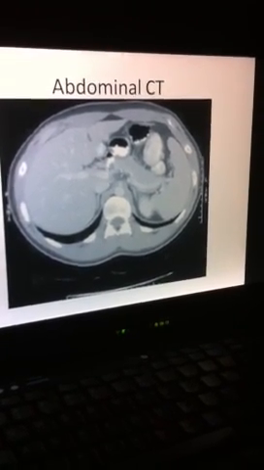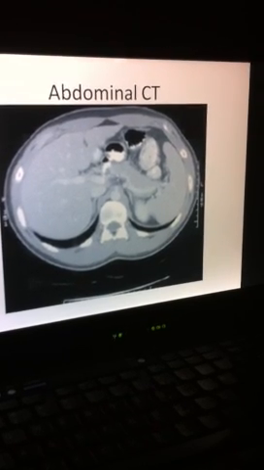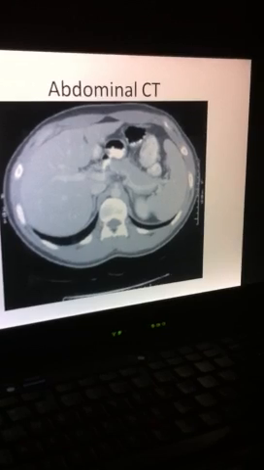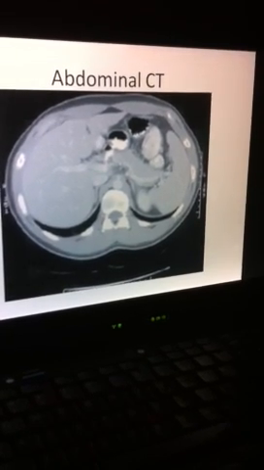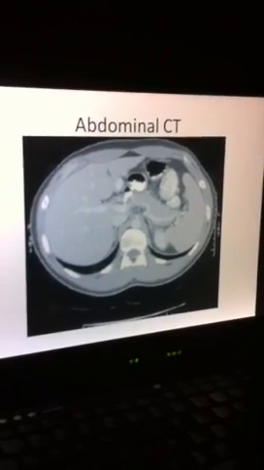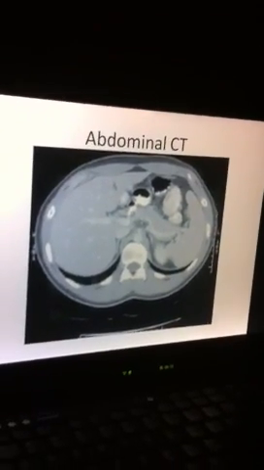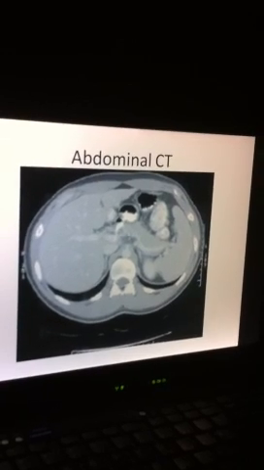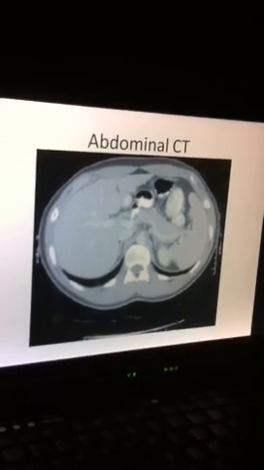It's next to the spleen and the pancreas. Stomach? Nope, we're lower than the stomach. The splenic flexure? Yep, that's the splenic flexure, which leads into the descending colon.